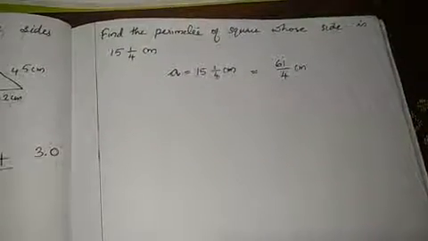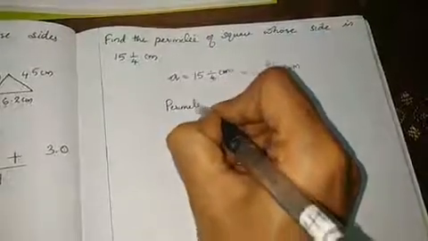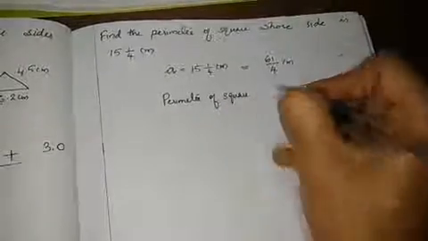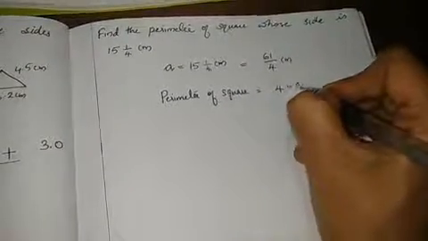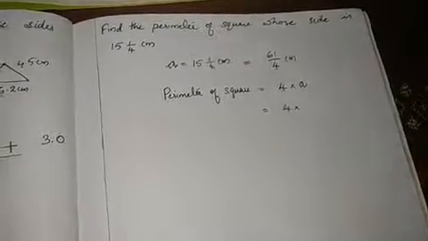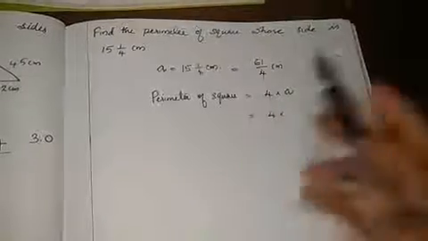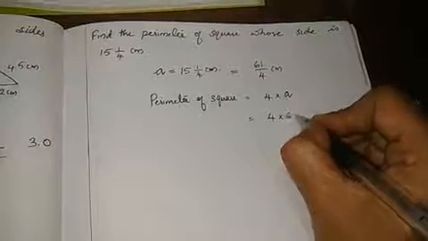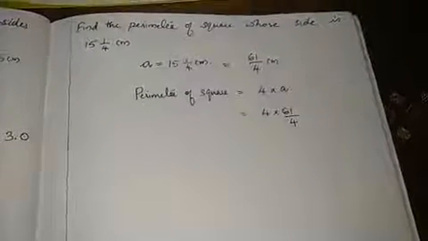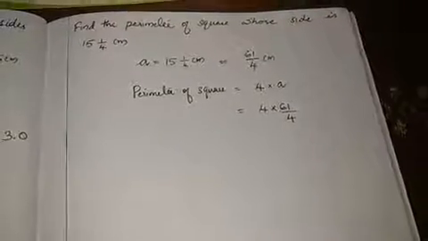Now we should find the perimeter. Perimeter of square is equal to, what was the equation? 4A or 4 into A. So 4 into, what is A which is given in the question? 61 by 4. Now you can see this is an improper fraction multiplying with the whole number.